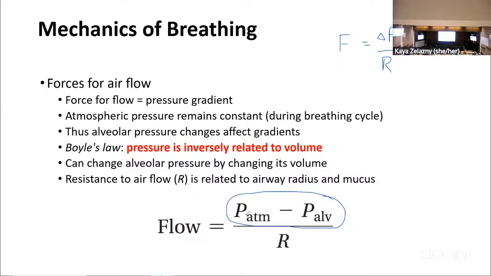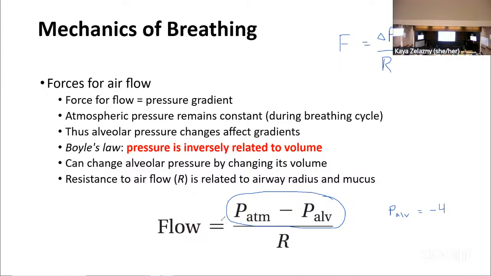So we know that flow is going to be happening from high to low pressure. A low pressure, when we're thinking about an alveolar pressure, is going to be a negative number. So say an imaginary alveolar pressure, I'm going to make this one -4 just for kicks.